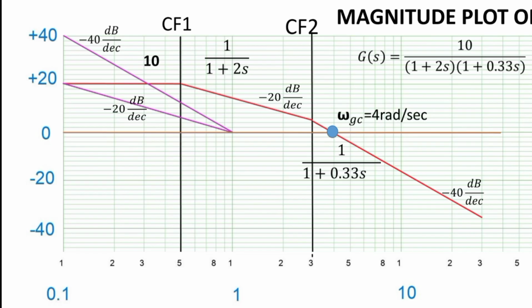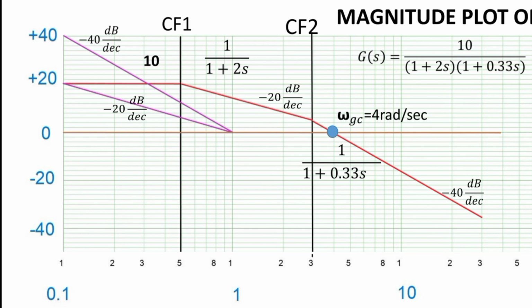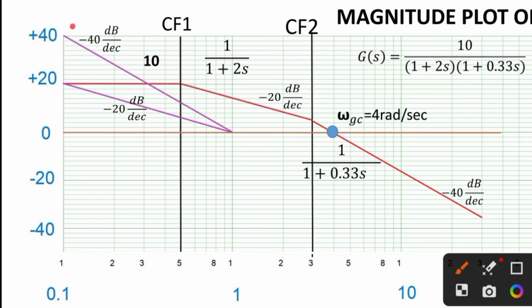Sorry, this minus 20 dB per decade line is parallel with this line, and this is the minus 40 dB per decade reference line, and it is parallel to this line.